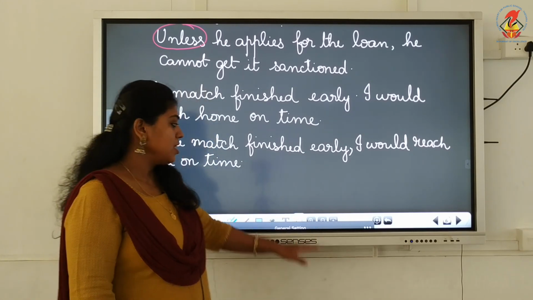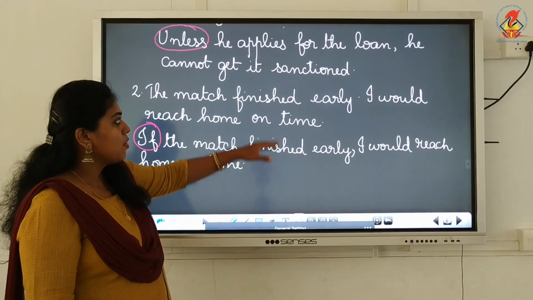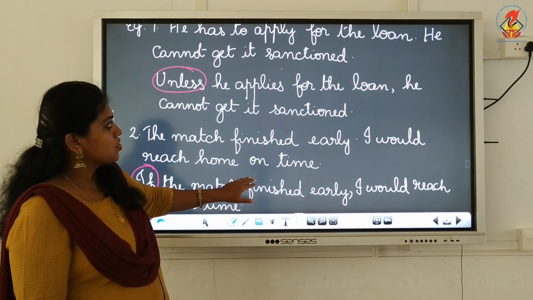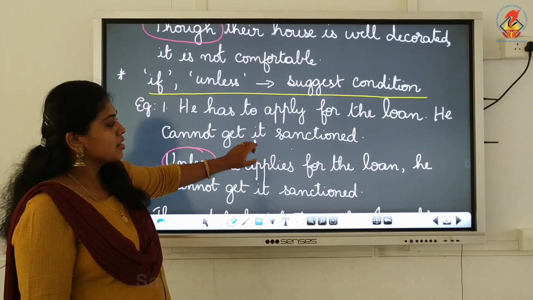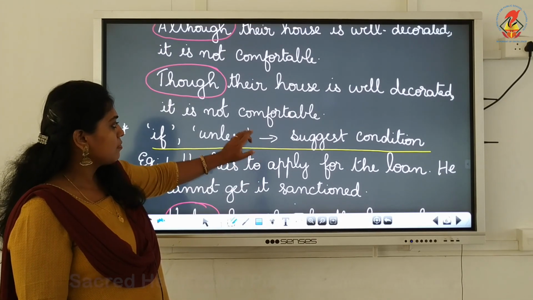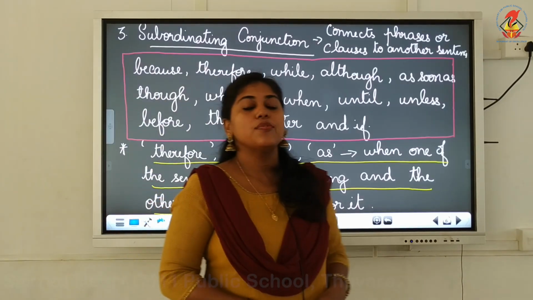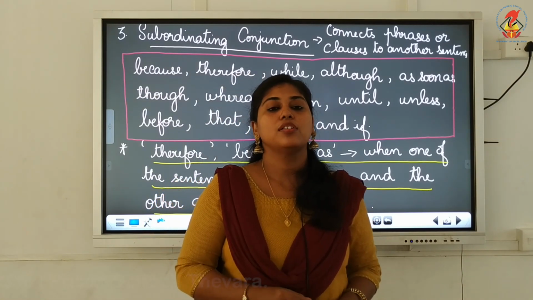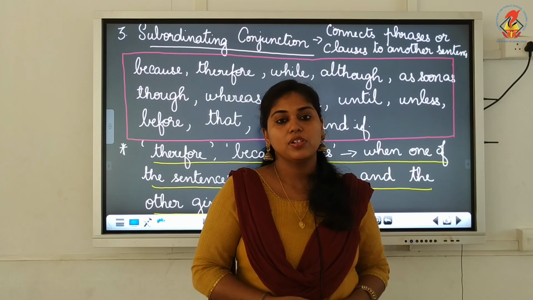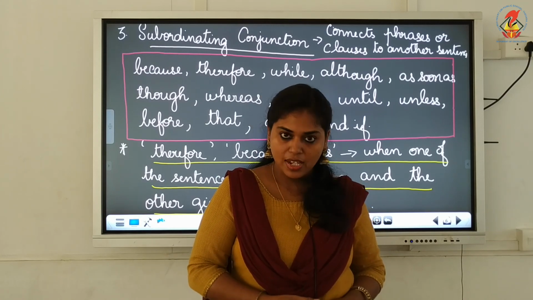Okay, so these are some of the situations that you need to check before using the correct conjunction. Understood? It would be good if you know the meaning of each conjunction, so that you can use it properly or appropriately in your sentences.